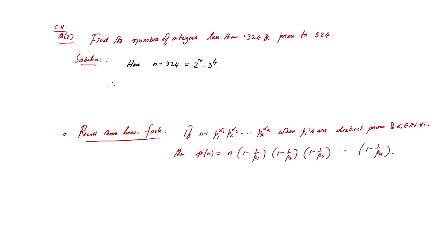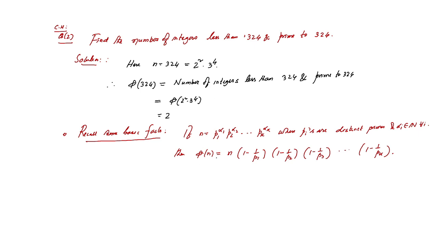So by using this fact, the phi of 324, that means the number of integers less than 324 and prime to 324, will be phi of 2 square into 3 to the power 4.